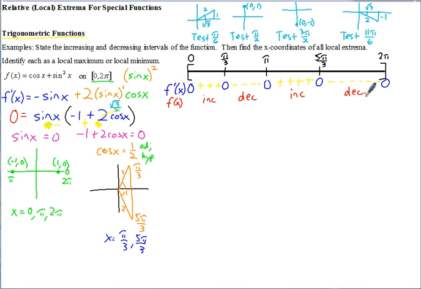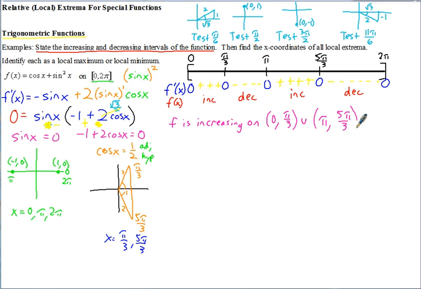So we can answer the first part of the question, but it says state the increasing and decreasing intervals of the function. So we can say f is increasing on the interval from 0 to pi over 3, and then also from pi to 5 pi over 3.